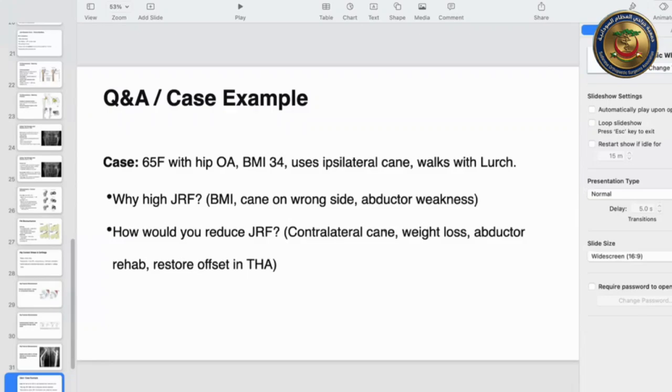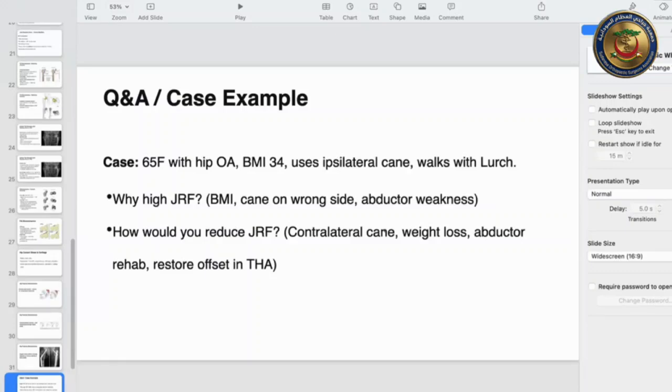And we also expect that the abductors are weak. How do we reduce this by non-surgical methods, and how by surgery? By non-surgical methods, as you said, using a cane on the contralateral side, reducing weight, and strengthening abductors. By surgery, we have to do total hip replacement if we expect that she has hip osteoarthritis.